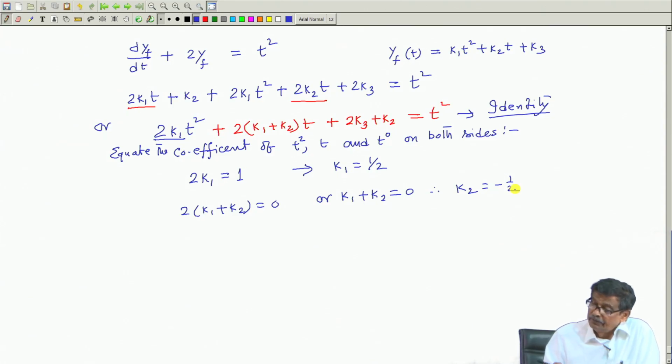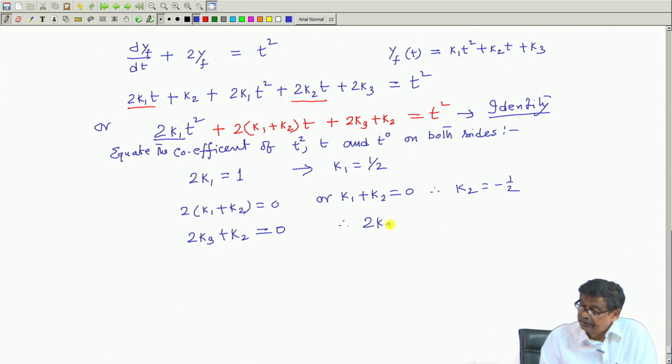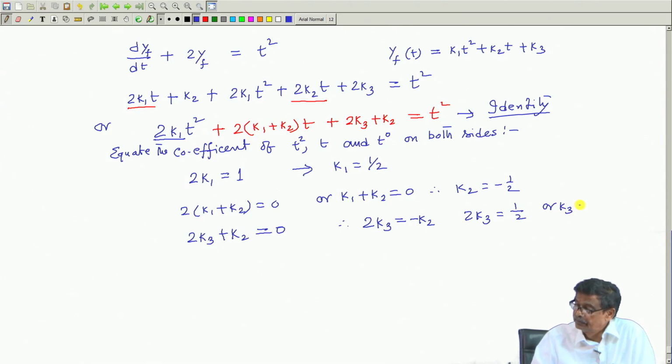Finally, 2 k3 plus k2 is the constant term, and on the right hand side there is no constant. So, that is also equal to 0. Therefore, 2 k3 is equal to minus k2, or 2 k3 is equal to half, or k3 is equal to 1 by 4.